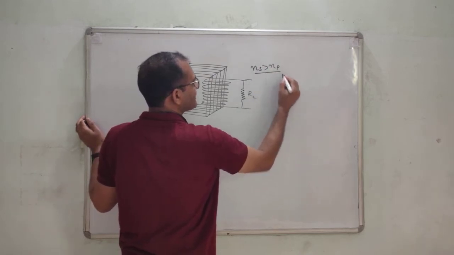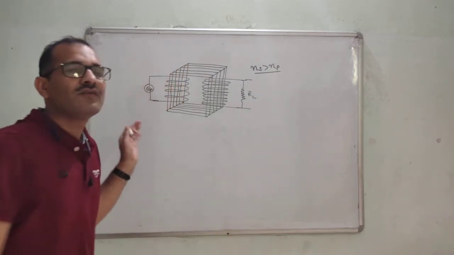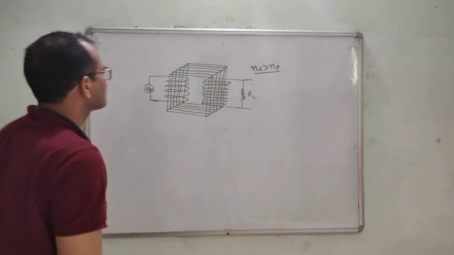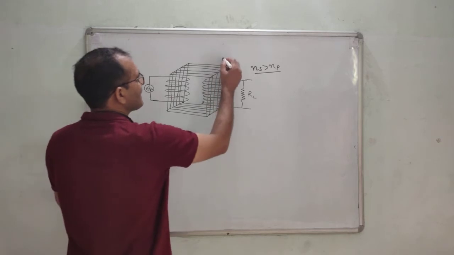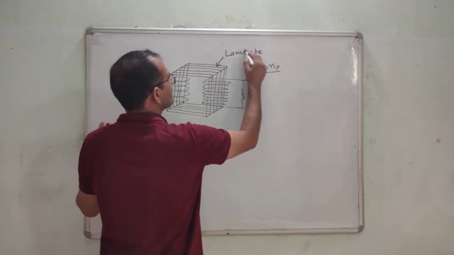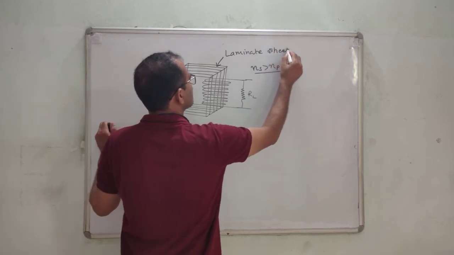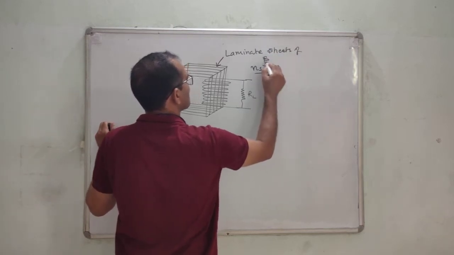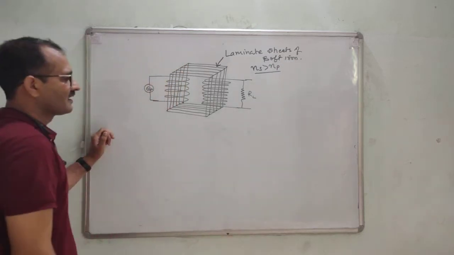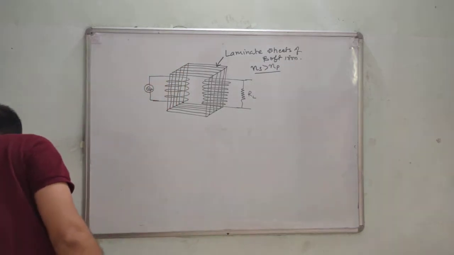This will act as a step-up transformer. How will it act as a step-up transformer? We will see it later. These are laminated sheets of soft iron core. Now, what is the theory behind it?